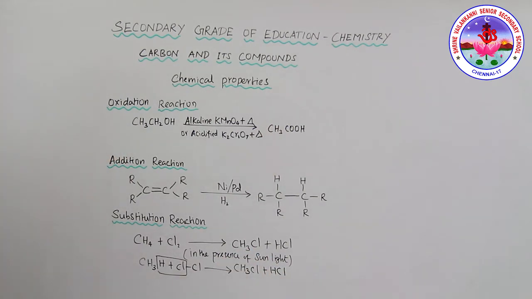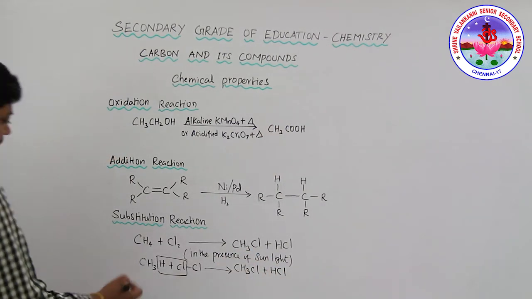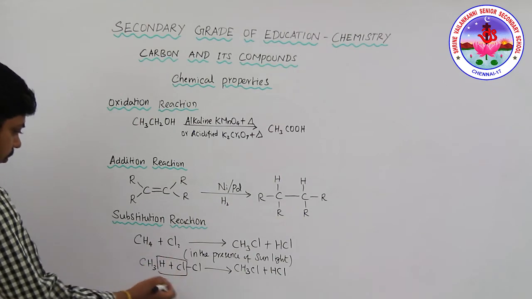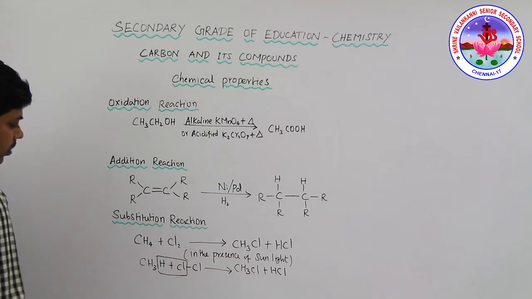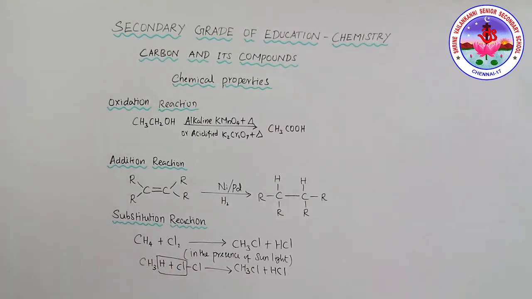So this is called the substitution reaction. If you add some more chlorine, again you will get CH2Cl2. This reaction is a continuous step. So this is called the substitution reaction.